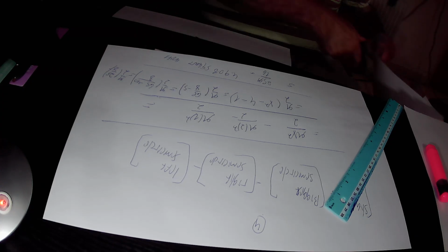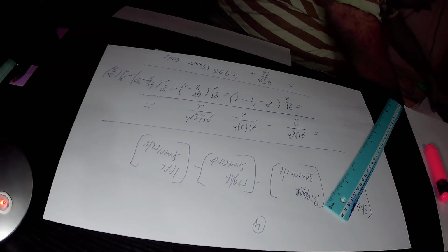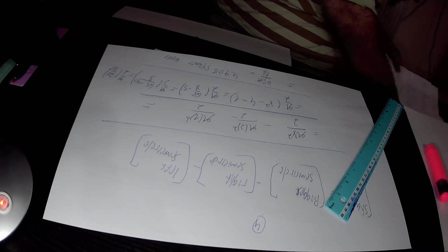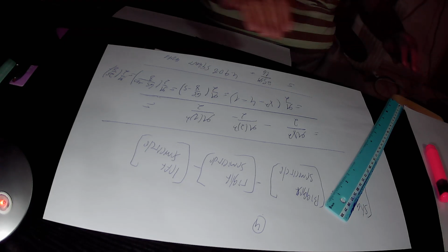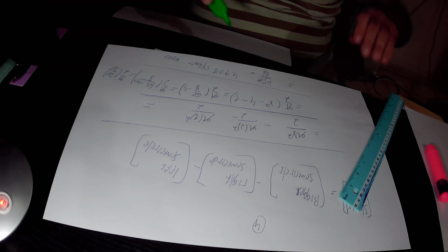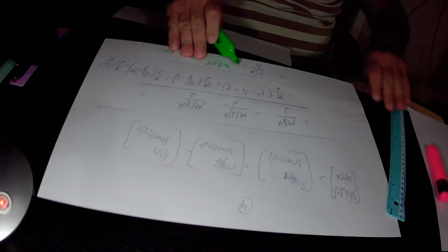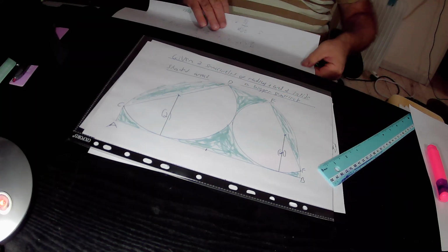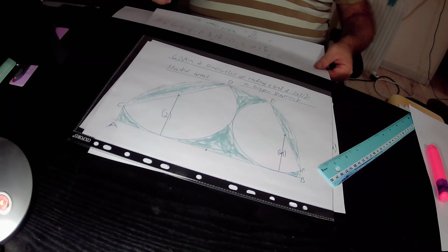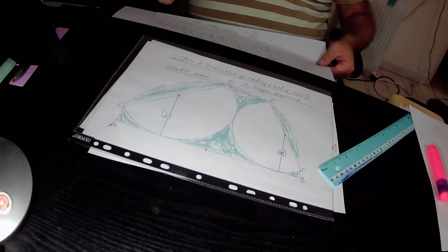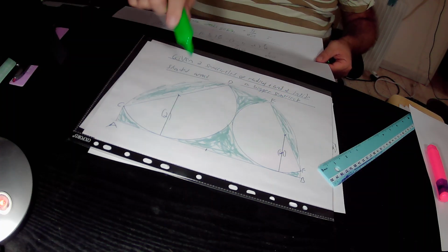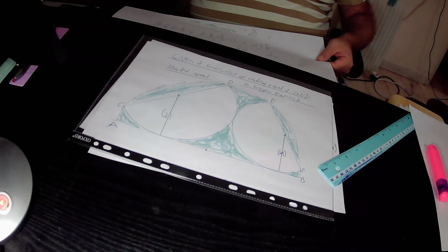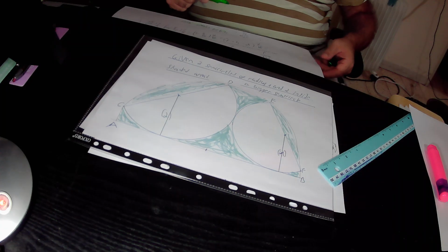To repeat, the size of this shaded area is equal to 25 pi over 16 square units. So in terms of numbers, the size of this shaded area is equal to 4.908 square units.